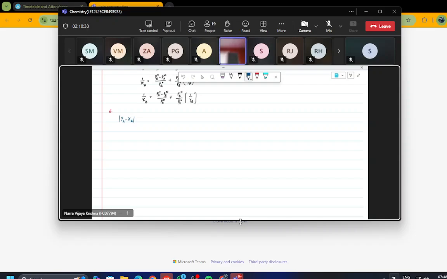Either YA minus XA is minimum or XA minus YA is minimum. Both should be. Minimum means difference only, na? It should approach, it should not be negative or positive. It should be close to 0. Correct? Or minima, maxima. Yes, sir. So mod YA minus XA is either minima or maxima.